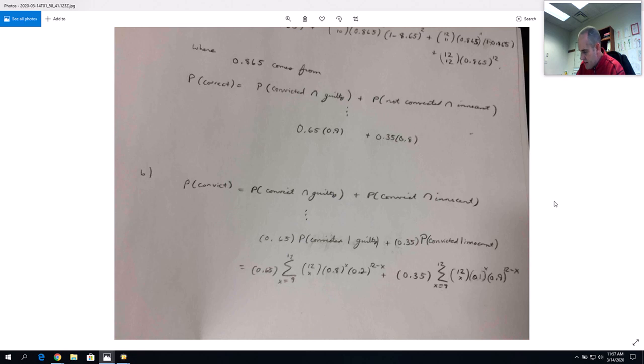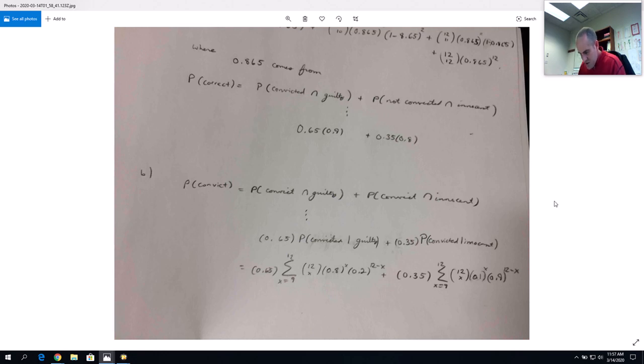That's 0.65 times the probability that an individual juror will vote to convict given that they are guilty. So what is that? Isn't that 80% of the time?